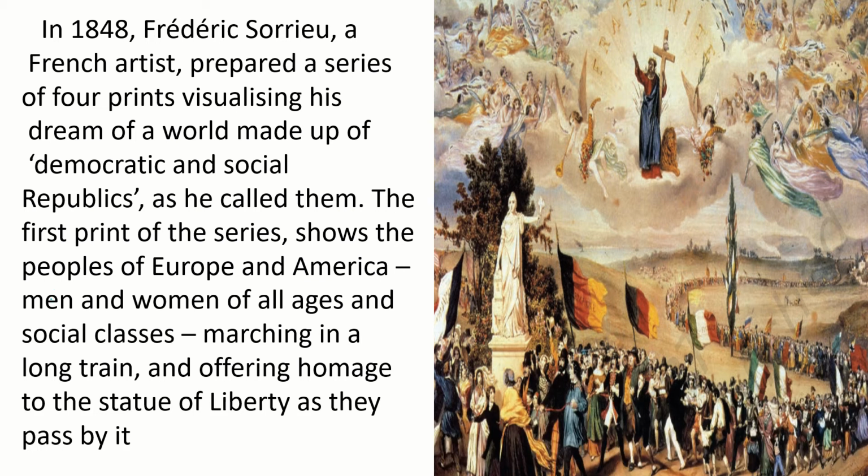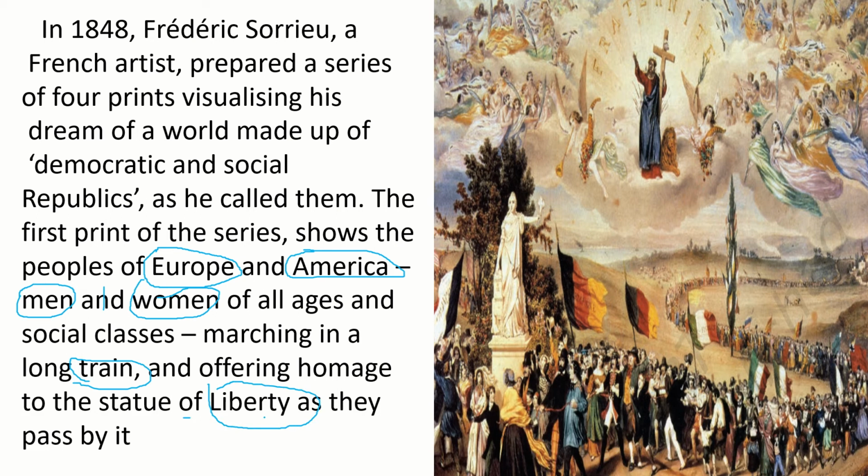Europe and America. See, in this picture, which continents are presented? Here first Europe is presented, America, and men and women. See, men and women of all ages, all classes, marching in a long train, offering homage to the Statue of Liberty as they pass by.